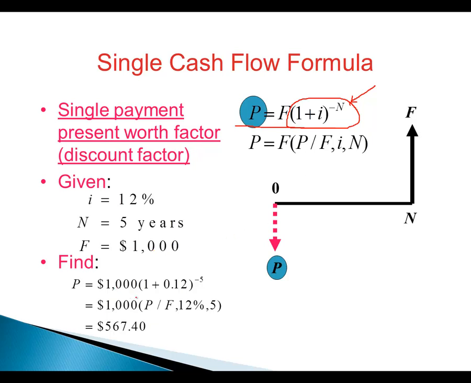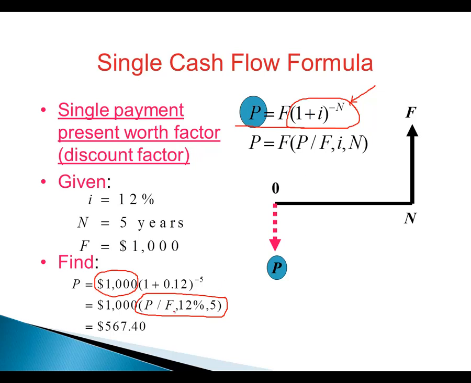How do we do that? Again, we put the 1,000, which represents the future value, multiplied by 1 plus I, which is 12% in this case, all to the power minus 5, and that will give us a value of 567.40 cents if we calculated that through mathematical calculation. The second method is using Excel sheet, and the third method is to find the factor of P given F with 12% rate and 5 number of periods.